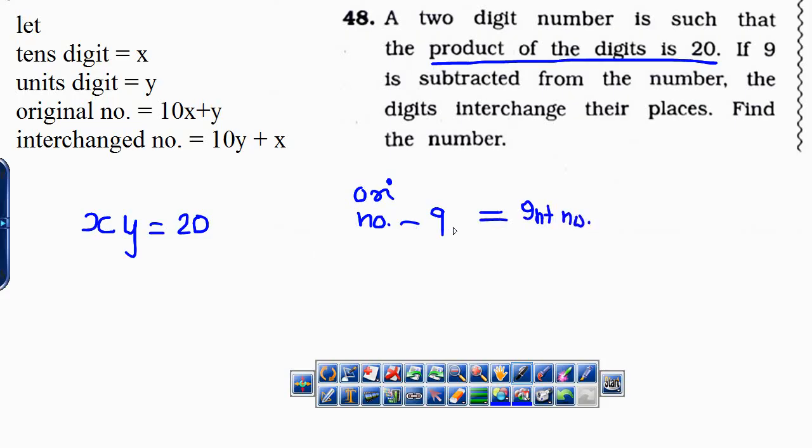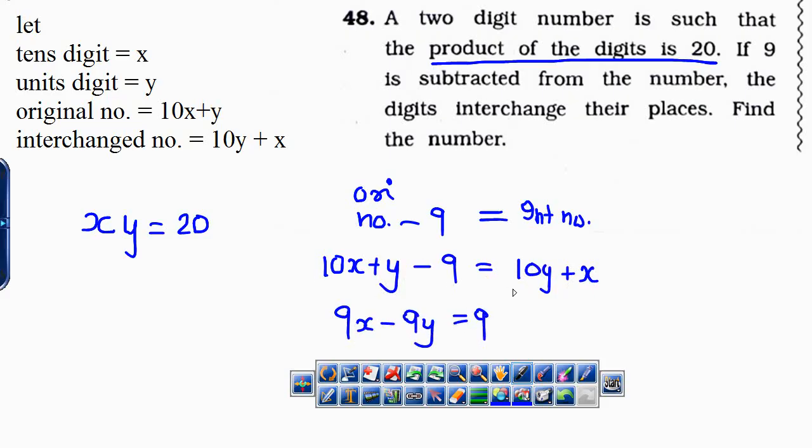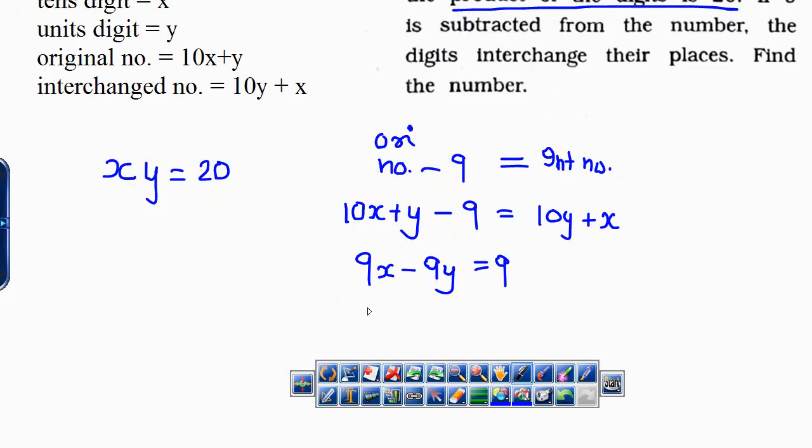So original number minus 9 becomes interchange number, means 10x plus y minus 9 becomes 10y plus x. 9x minus 9y is 9. All I did is interchange. 9, 9, 9 common. X minus y is 1.